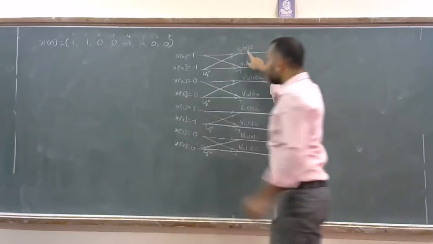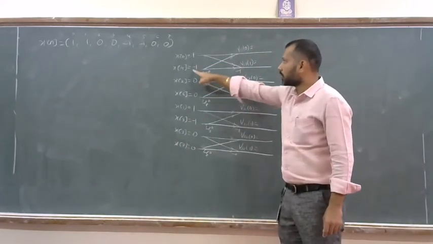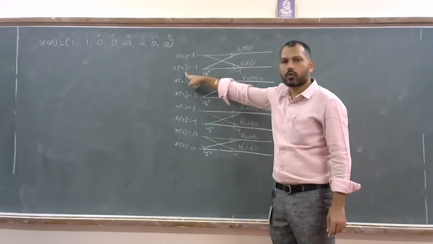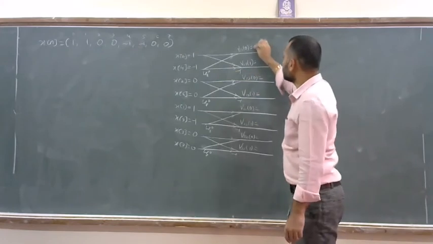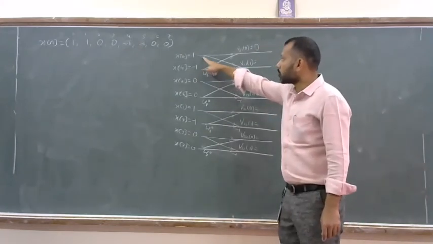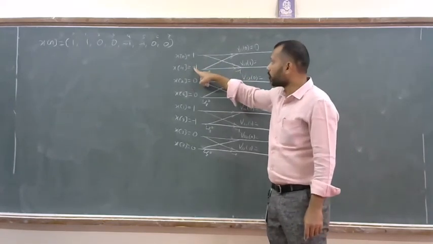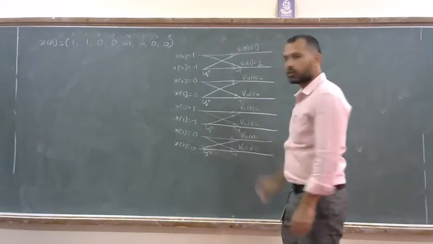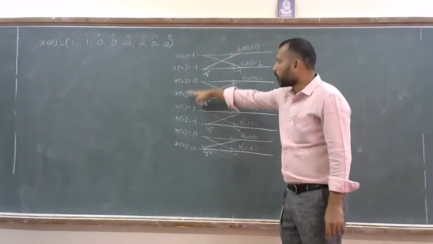So, V11 of 0 will be x of 0 plus W80 multiplied by x of 4. X of 4 is minus 1. 1 minus 1 will become 0. V11 of 1 will be x of 0 minus W80 multiplied by x of 4. Minus of minus will be plus, so this becomes 2. And likewise, x of 2 and x of 6 are 0.